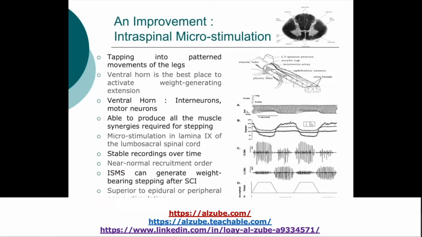I'm trying to explain to you the different types of methodologies or tools that we can use in order to control and improve locomotion for people with spinal cord injuries.